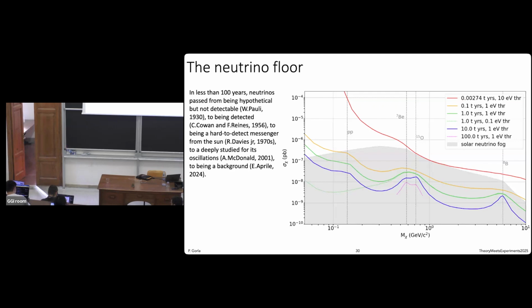It's correct. In fact, the way you live with this background is that you have to look at the features of this background. And for example, at this point, directionality or annual modulation come out as interesting features. I would say annual modulation is the first way you cross-check your background. It's clear that if you're at the level of one event, your mass is not sufficient to test this.